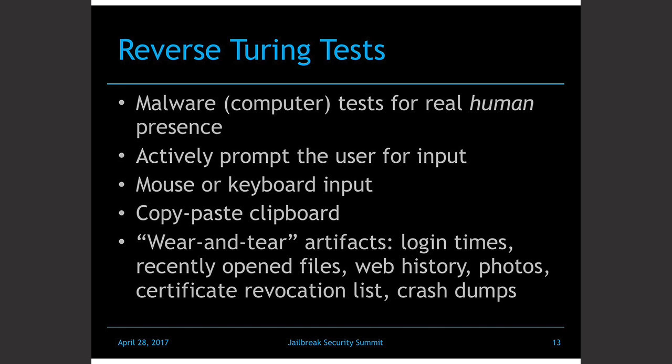And you also have what we call wear and tear artifacts. There's actually a paper coming out at IEEE S&P this summer that cited my research on this topic, where they looked at wear and tear artifacts, things like login times. They used certificate revocation lists, where if you're on a real computer browsing the internet, sometimes internet certs will be revoked here and there, and that's kind of an artifact of just using a computer for real.